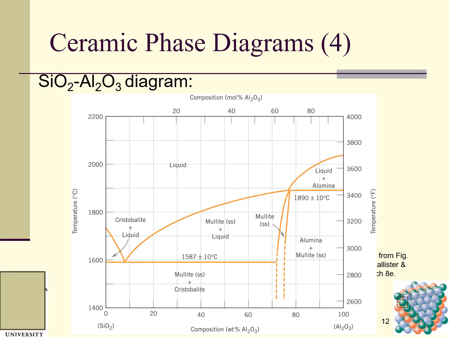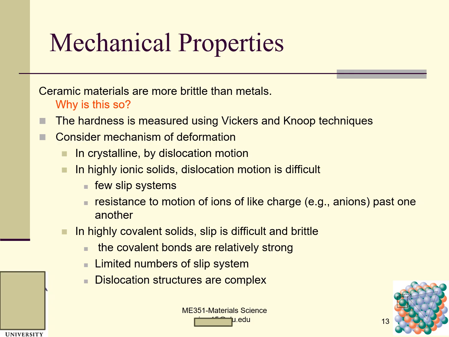Any questions so far? Now, up to now, we have talked about impurities and defects, impurities in the ceramics, and then we talked about several typical phase diagrams of some ceramics, and then we are going to talk about how these impurities, defects, and phase diagrams influence the mechanical properties.